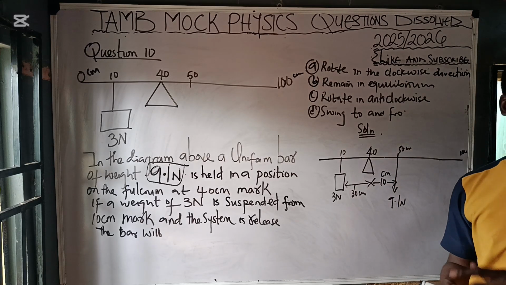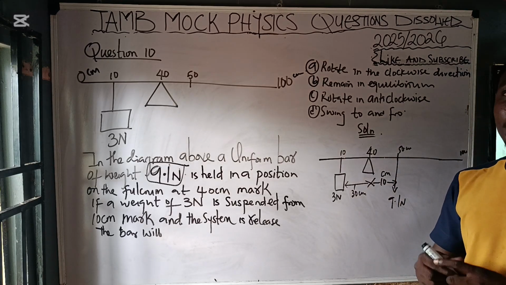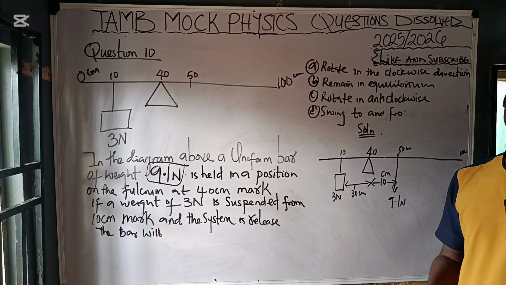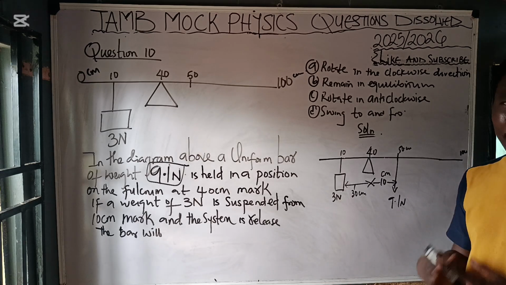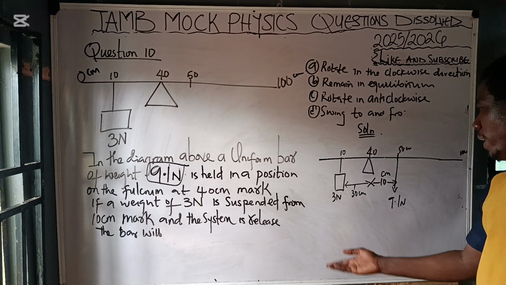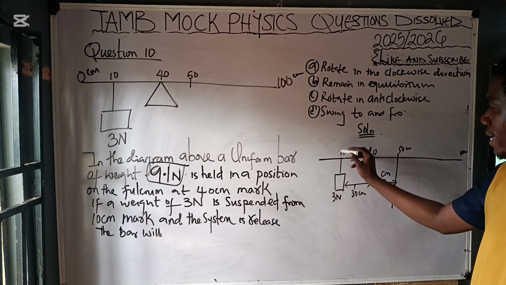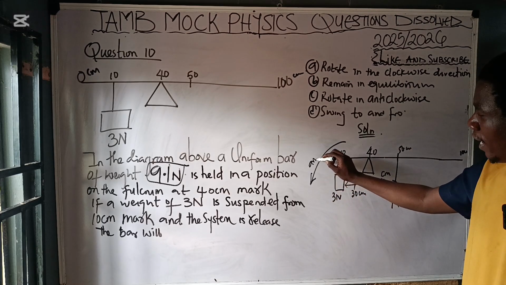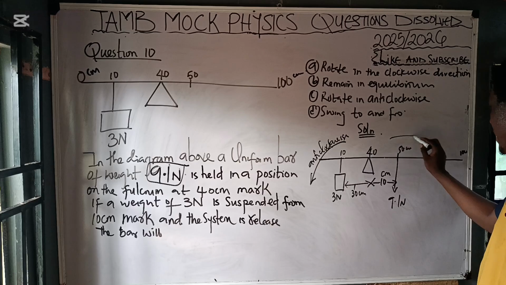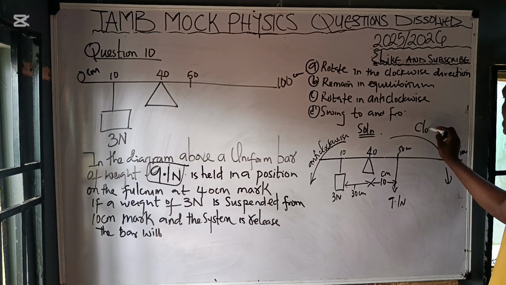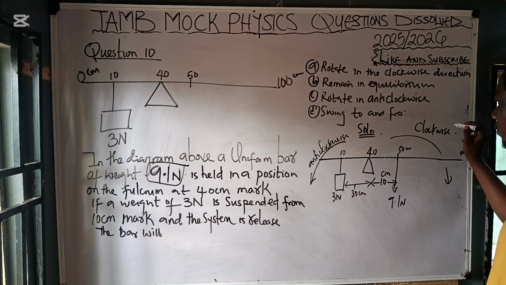So this is how we can determine if the system will remain in equilibrium or not. If a body is in equilibrium, it means that the clockwise moment will be equal to the anti-clockwise moment. Otherwise, it is not in equilibrium. So let's get the moment of this side, which is anti-clockwise. Let's get the moment here, which is clockwise.